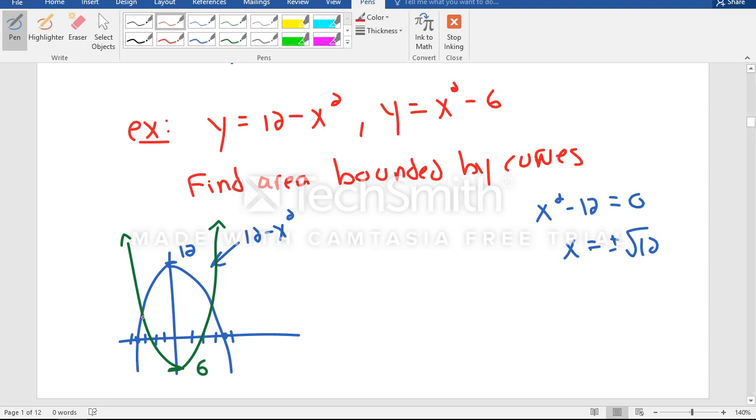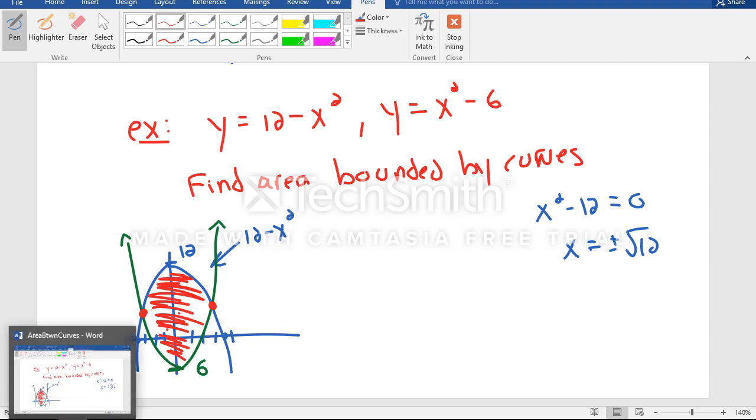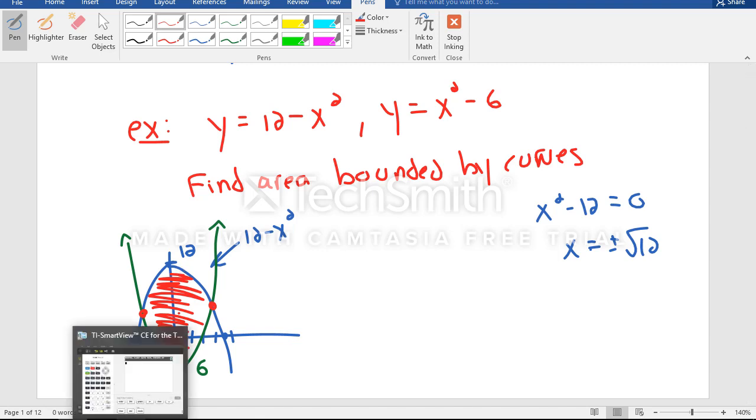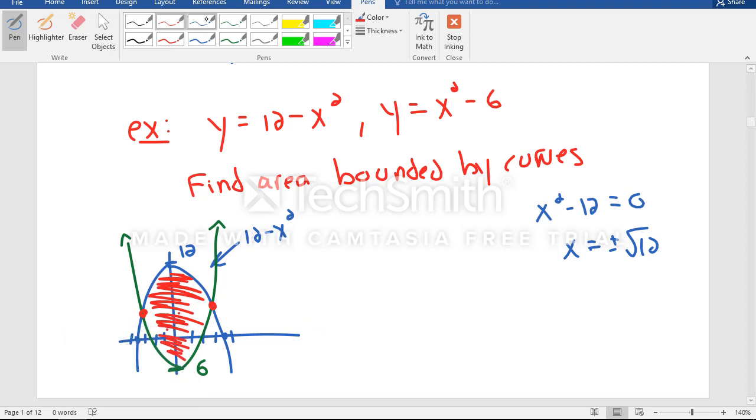So what we're really looking at here is the area bounded between those curves, between this intersection point and this intersection point. Just like we talked about in words a couple minutes ago, I'm going to look at the upper curve minus the lower curve. So we're going to have the integral of the upper curve.